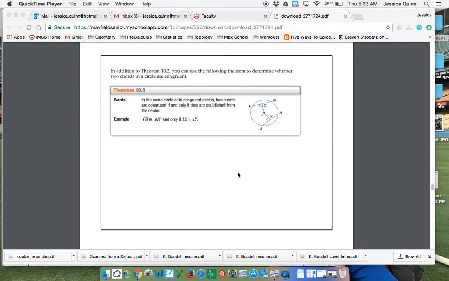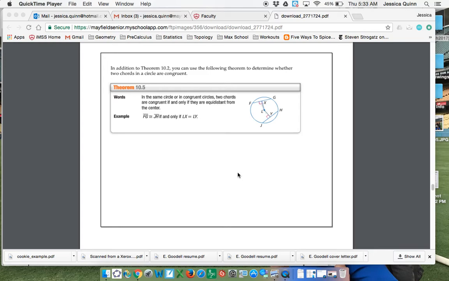Okay, and then the last big idea in this section is, again, in the same circle or in congruent circles, two chords are going to be congruent to each other if and only if they're equidistant from the center. When we talk about equidistant from the center, we're saying this chord is the same distance from the point that is the center of the circle.